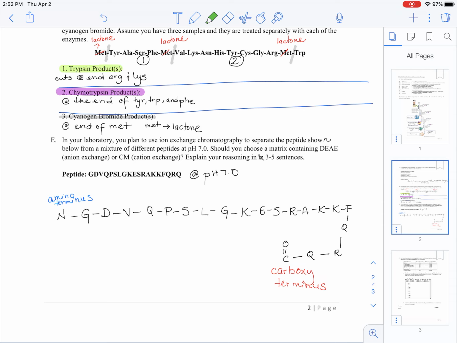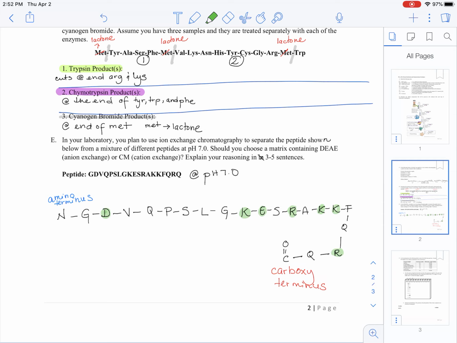The amino acids whose side chains could be deprotonated or could retain the proton are aspartic acid, lysine, glutamic acid, and my arginines. Of course, I already highlighted lysine, so I'm just highlighting it again. And that's pretty much it.